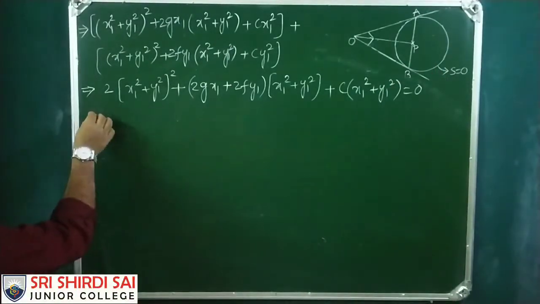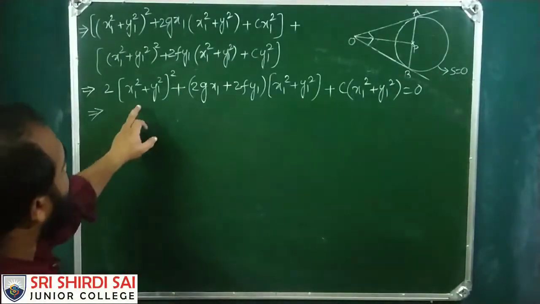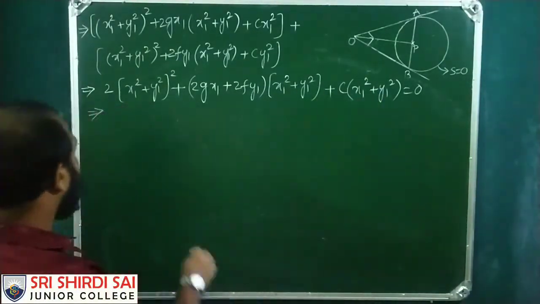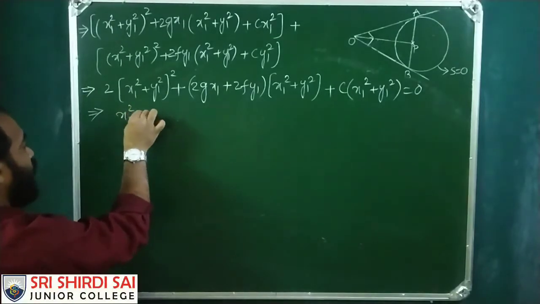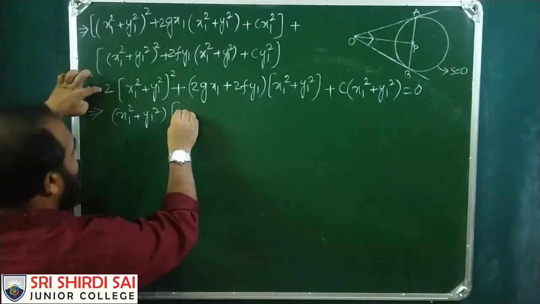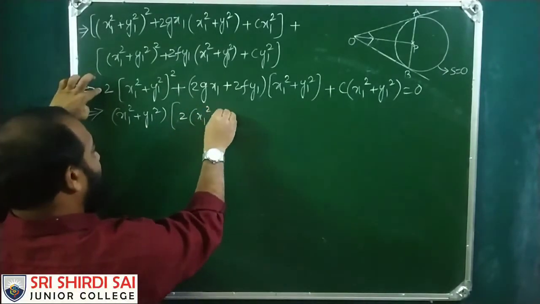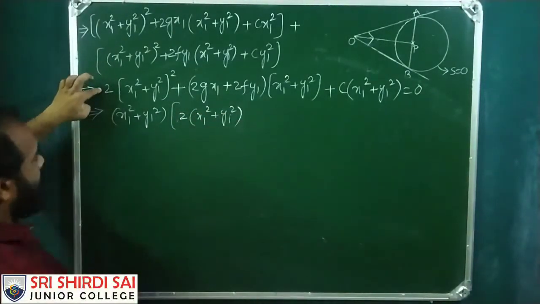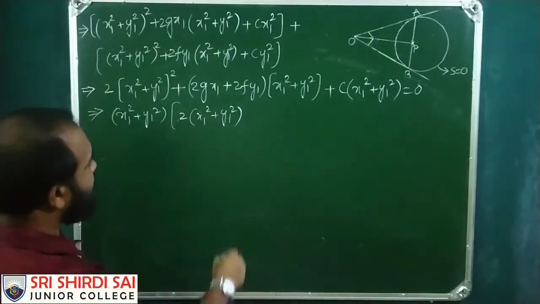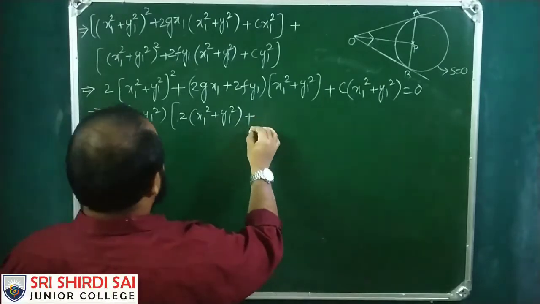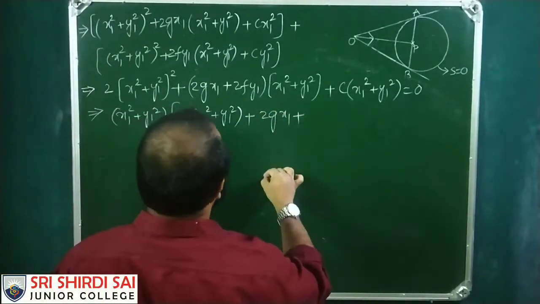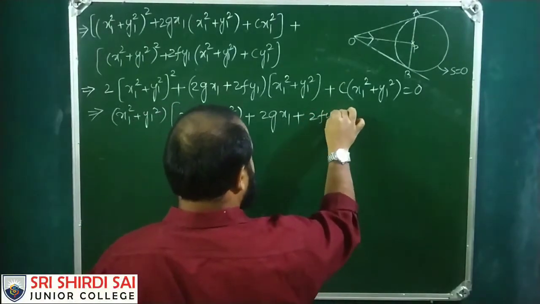Now can I take x1 square plus y1 square common throughout this equation? Take x1 square plus y1 square common. Then I am left with 2 into (x1 square plus y1 square), this is a square, a I have taken common, another a I am left with, plus 2gx1 plus 2fy1.